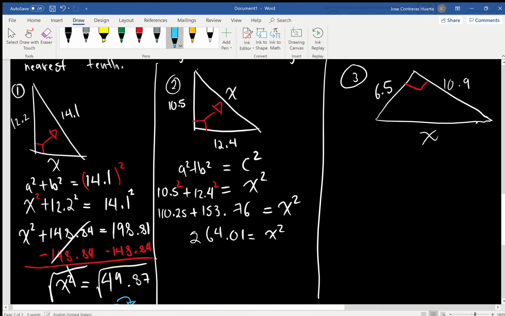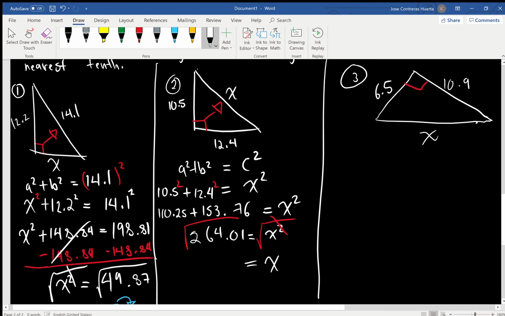Now remember, the square here on top means multiplying something twice. So to get rid of it, you have to go ahead and take the square root. So you take the square root on both sides, these two cancel out, and all you're left with is x. And on the left hand side, you put that in the calculator. So it's going to be the square root of 264.01.